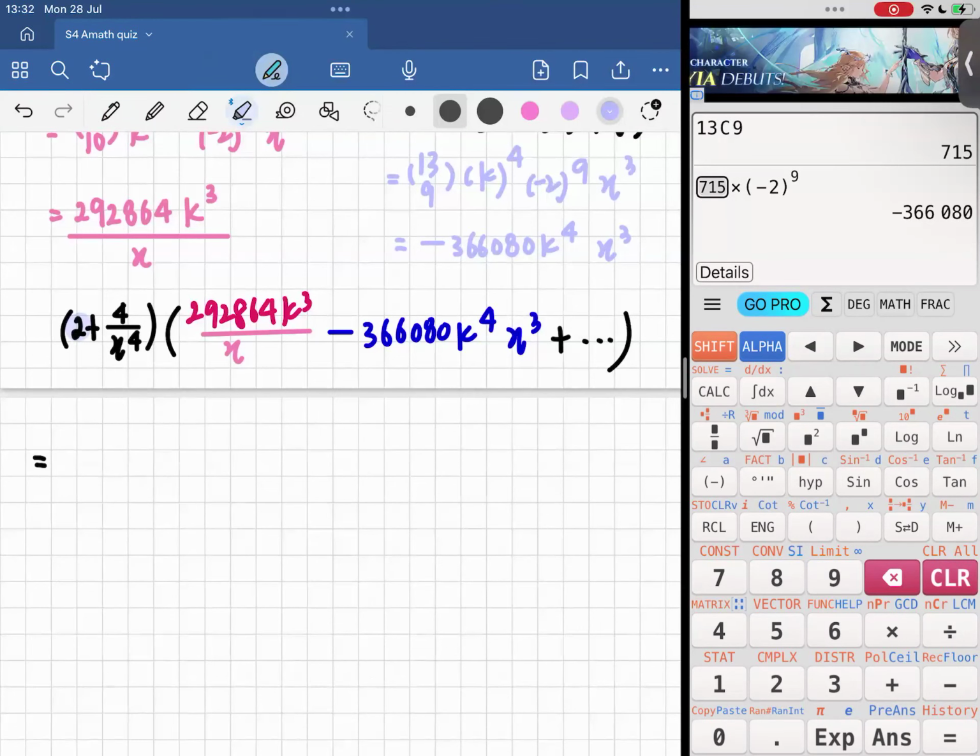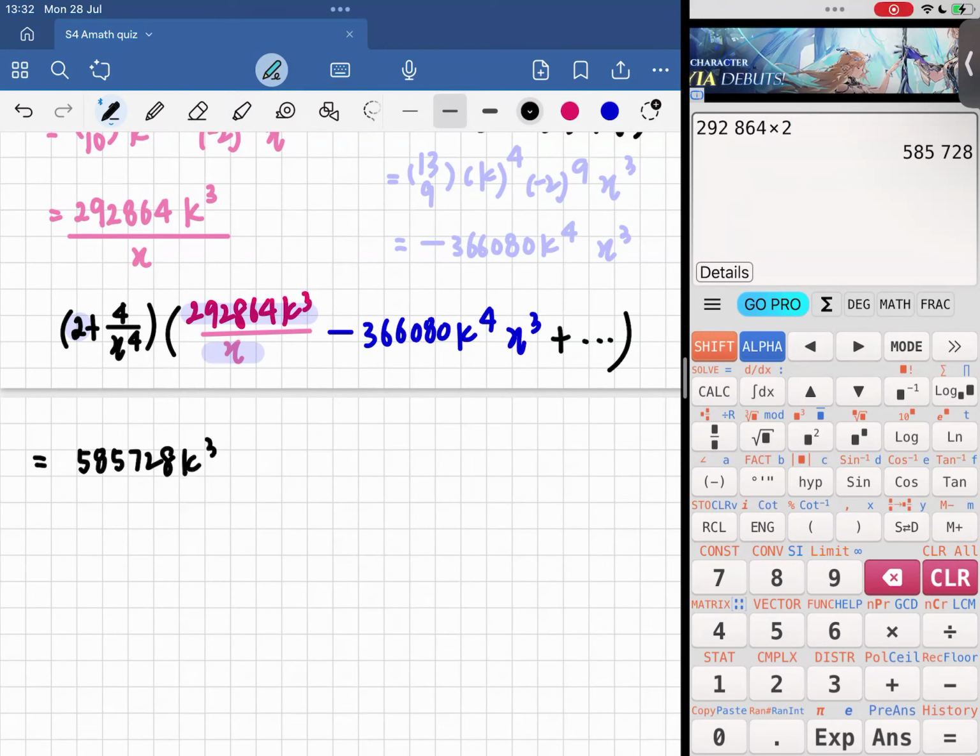So this one has to multiply by this one here. When I multiply 292864 times 2, this is 585728 k to the power 3 over x. The other side has 2 times 4, right? 366080 times 4.